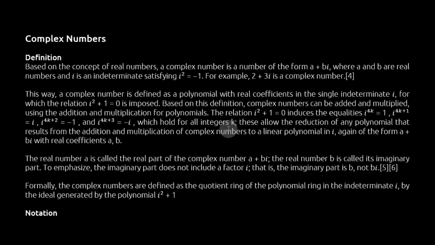As expected, the author started his discussion with the definition of complex numbers. So we start based on the concept of real numbers. A complex number is a number of the form a plus bi, where a and b are real numbers, and i is an indeterminate satisfying i squared is equal to -1.